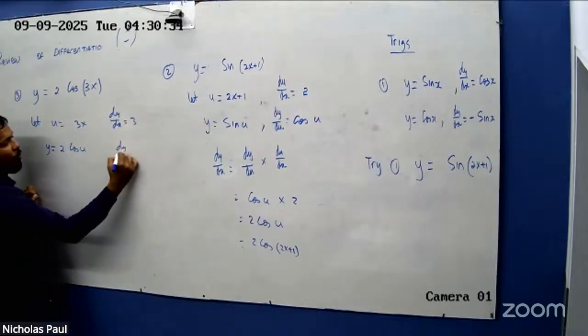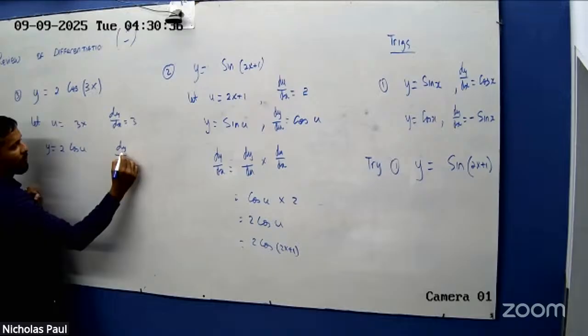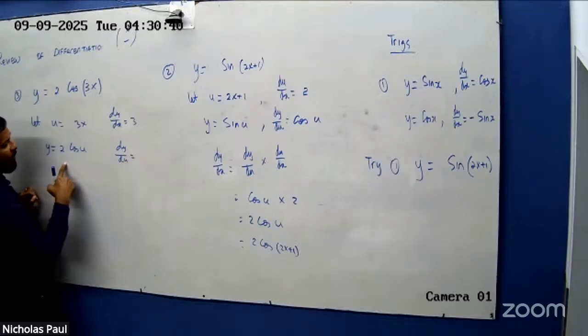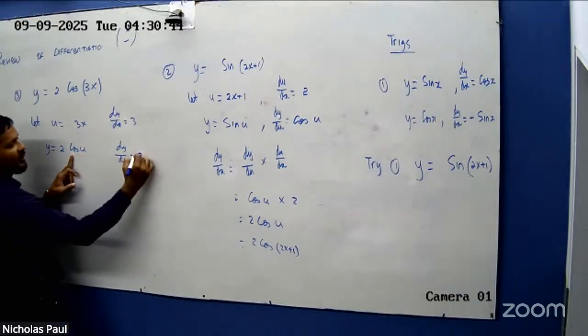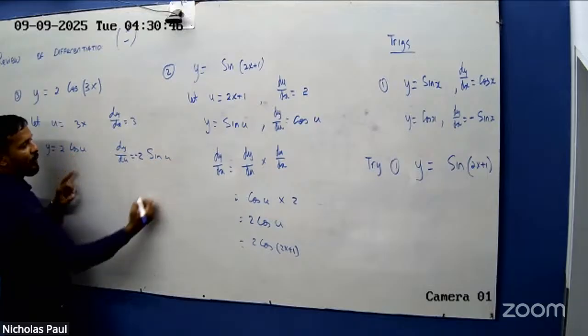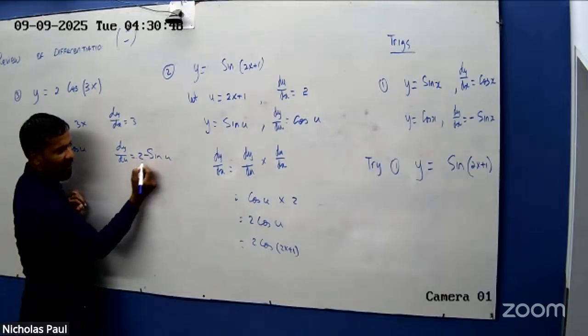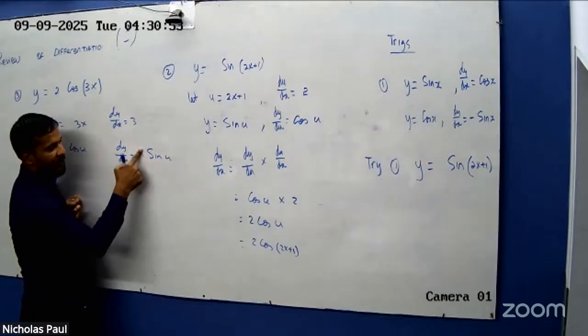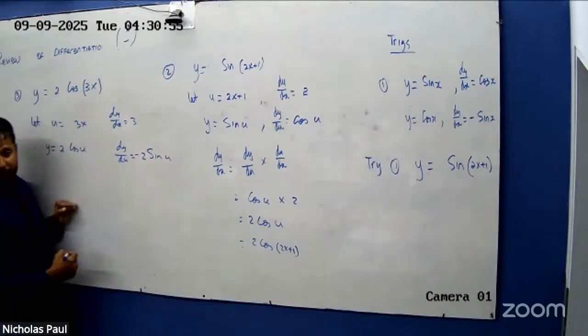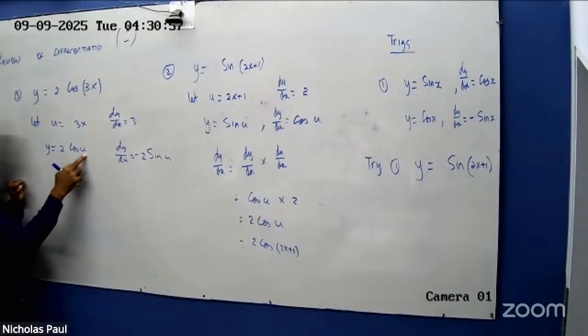So now we have to figure out the differential. The 2 doesn't change anything. The differential of cos u is minus sine u. Don't put the minus sign here because it looks like two minus signs. It's multiplied, so you can put the minus on the outside. So the differential of 2 cos u is minus 2 sine u.